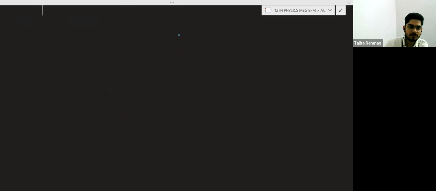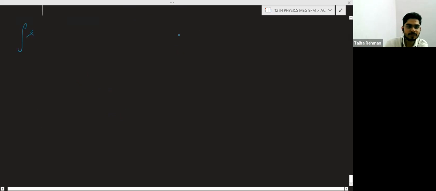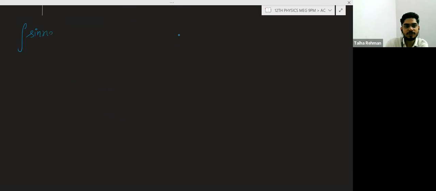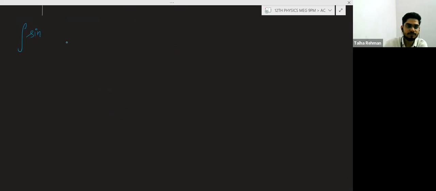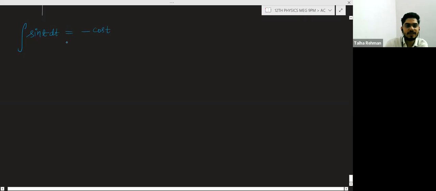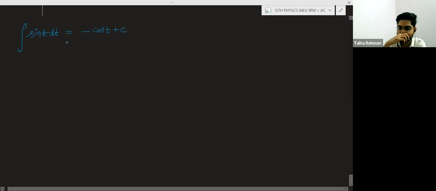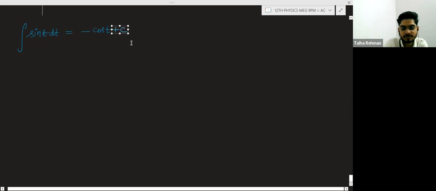So now we will discuss some basic integration. Suppose it is written like this: sine x dx, or you can take sine t dt. Then the integration of this is minus cos t, and there will be some integration constant. But if you are taking with limits, then there will be no constant.